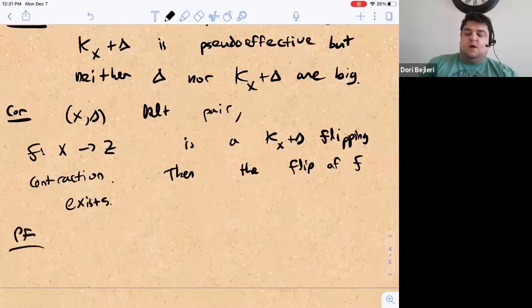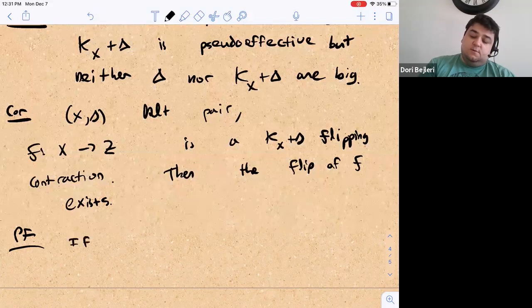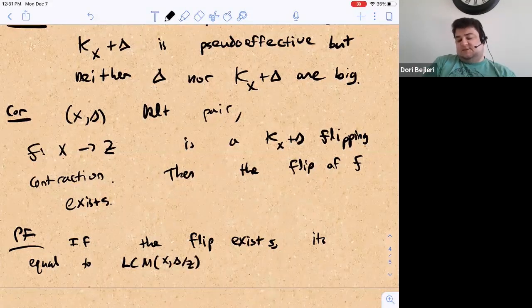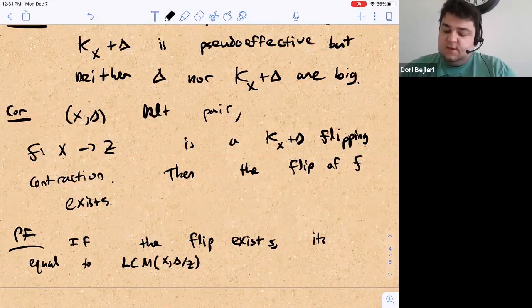Okay, and proof. We know that the existence of a flip is equal to finite generation of the log canonical ring, or equivalently is equal to the existence of log canonical models. Another way of saying it is, the flip question is: does the log canonical model of (X, delta) over Z exist?